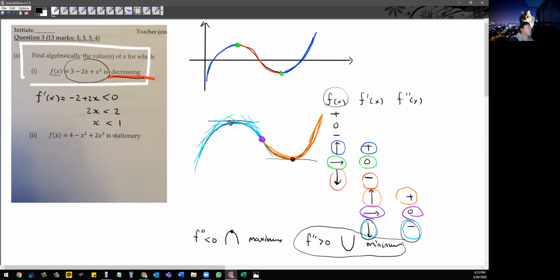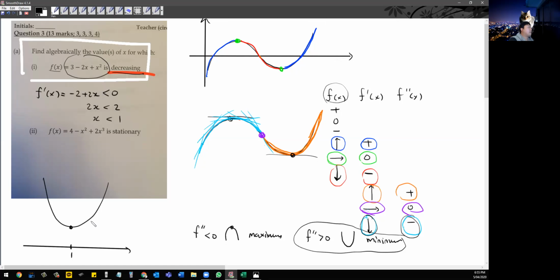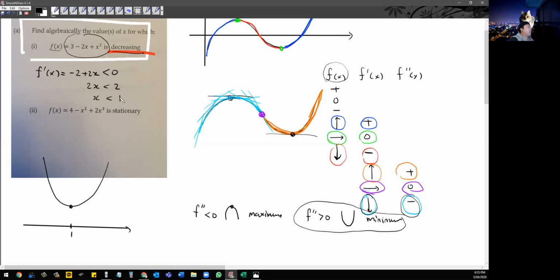That means whatever this function is, it's a parabola, and that value is 1. So wherever x is less than 1 over here, then you have the function decreasing.